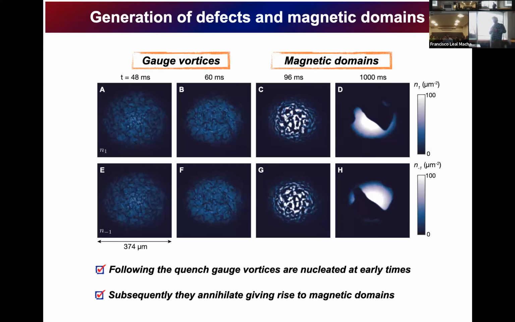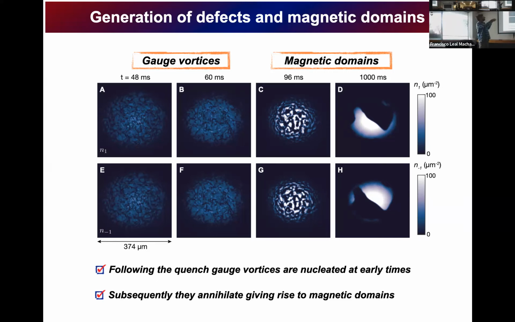Okay, awesome. Thanks. So here, what you see essentially is different snapshots during the evolution of the plus one in the upper panels and the minus one in the lower panels of the gas starting from a polar phase and quenching to the easy axis. So after quenching, as we saw, the plus and minus one components take population, and this is what you see here.